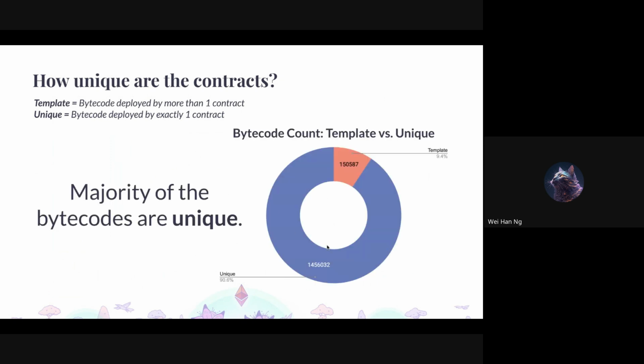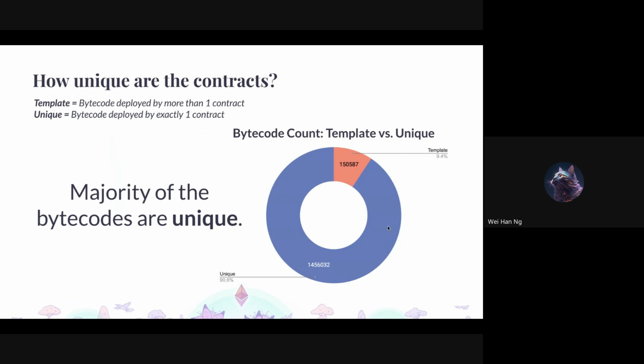The next thing is the uniqueness of the contracts. We wanted to analyze the bytecode and its relationship with all of the contracts that we have. We categorize into two categories. One, what we call template, which is bytecode deployed by more than one contract. The second is unique, which is bytecode deployed by exactly one contract. The majority of the bytecodes are unique.